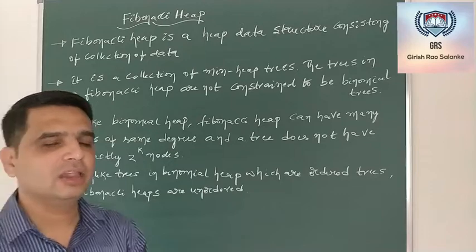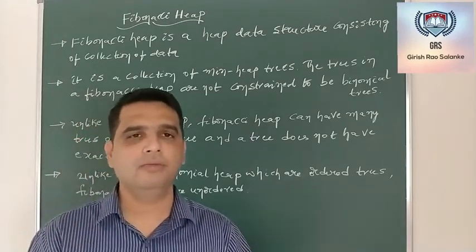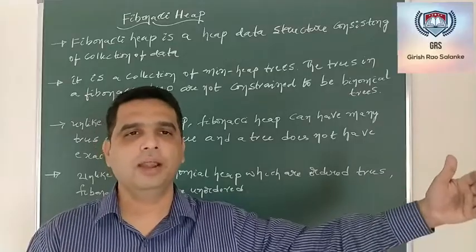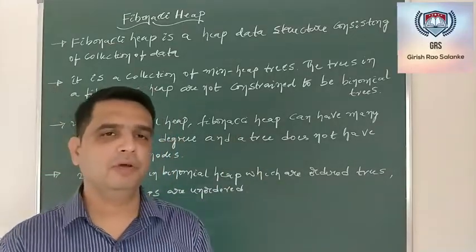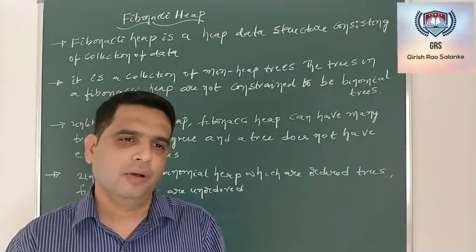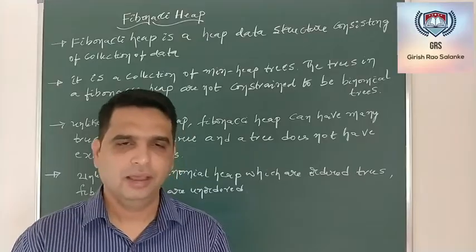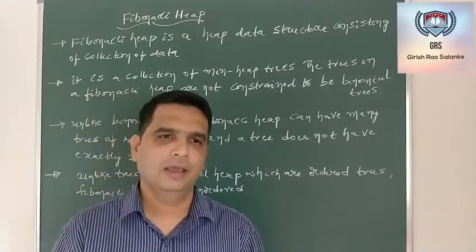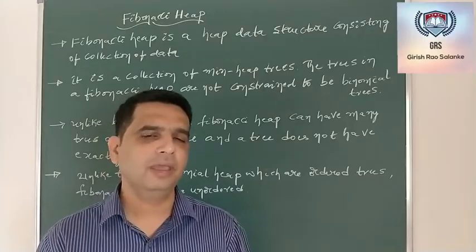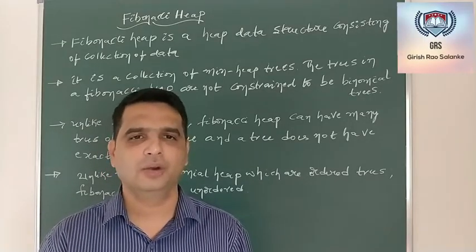In a binomial heap, I can have only one B0, only one B1, only one B2 and so on. But in a Fibonacci heap, I can have more than one B0, and more than one B1. And it is not mandatory that each binomial tree Bk should have exactly 2 power k nodes.